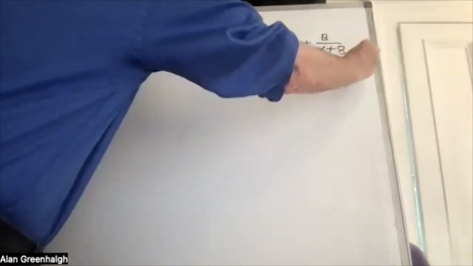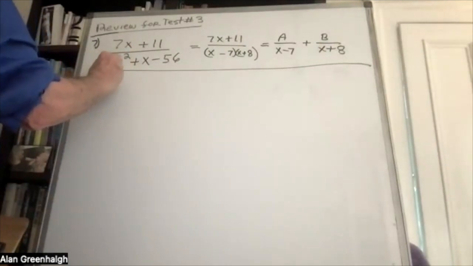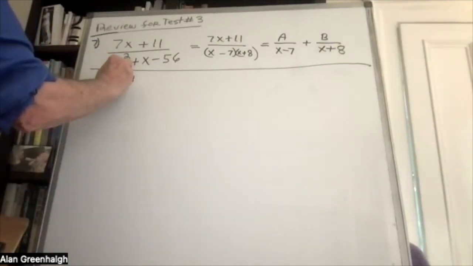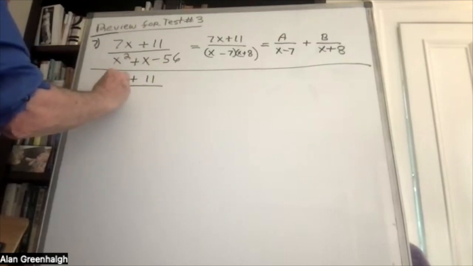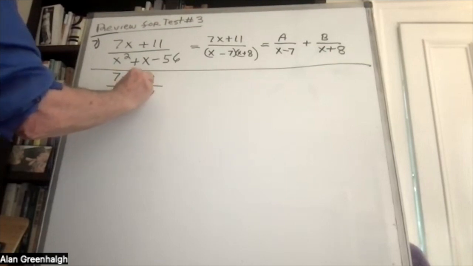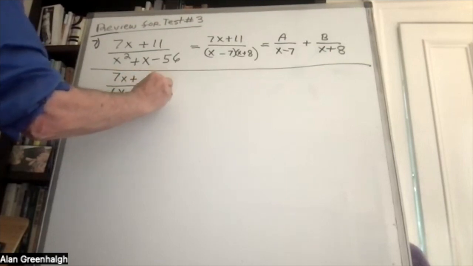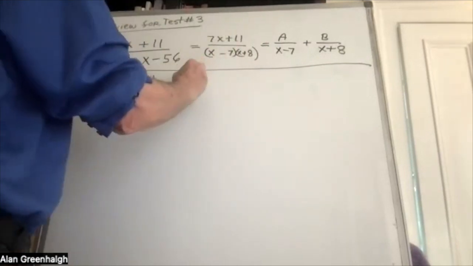Draw a line. The next step is to say, okay, well, 7x plus 11 over x minus 7 times x plus 8 will be equal to this: a over x minus 7 plus b over x plus 8.